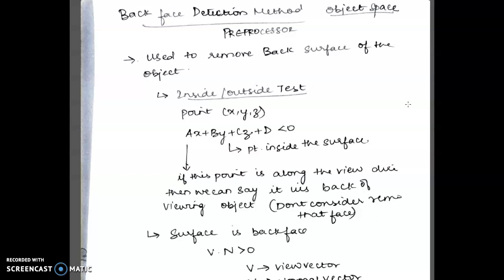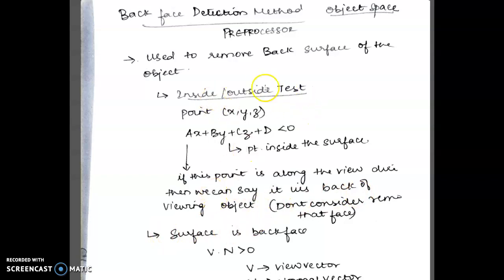Okay, so let us take the equation of a plane, which is ax + by + cz + d. If we substitute this point x, y, z, and if it is less than 0, then we will consider that this point is inside the surface. If the point is along the view direction, then we can say it lies at the back of the viewing point.